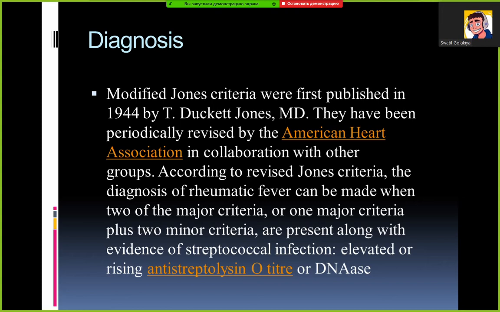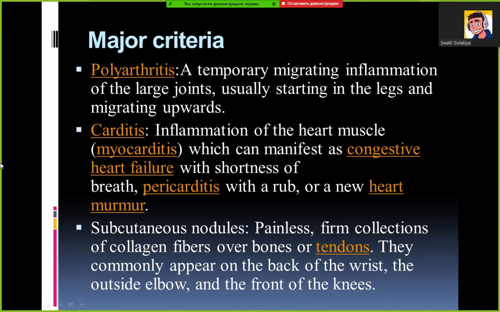According to Jones criteria, there are major criteria and minor criteria, and we must estimate major and minor criteria, and we must have an evidence of streptococcal infection, positive culture of streptococcus, or elevated and rising anti-streptolysin O or DNase streptococcus.